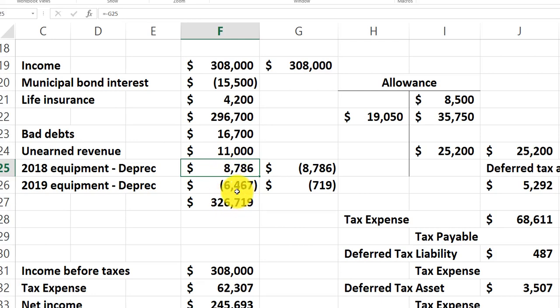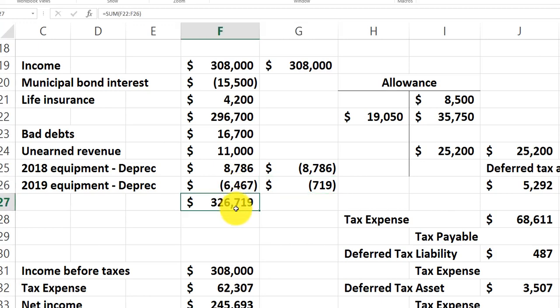For 2019, we have some new equipment purchased. Again, we depreciate it using straight line, 5 years, half-year convention. We're going to depreciate the whole thing on the tax return, so the difference goes in our column between the amount we paid and how much depreciation we're going to take on the income statement. 6467, again, that's higher depreciation on the tax return, so we subtract it.